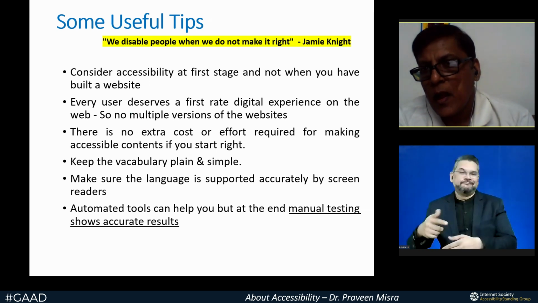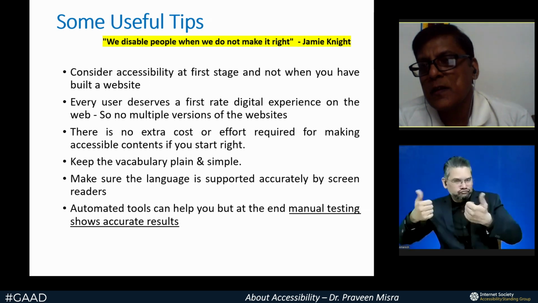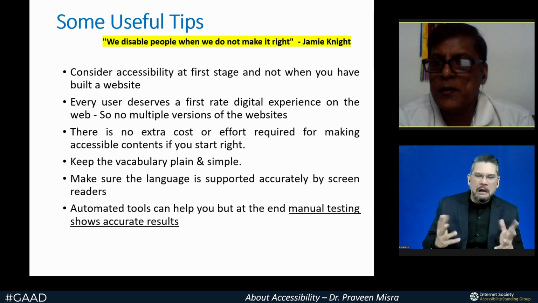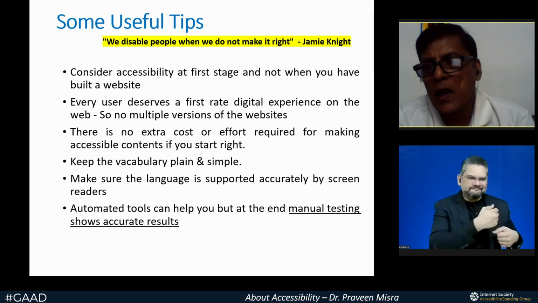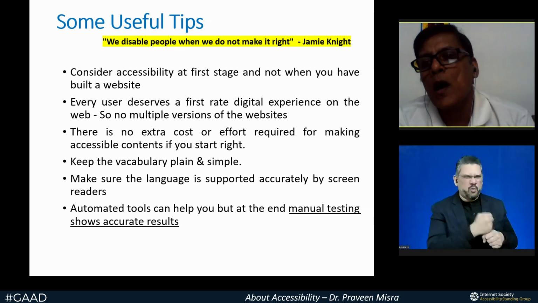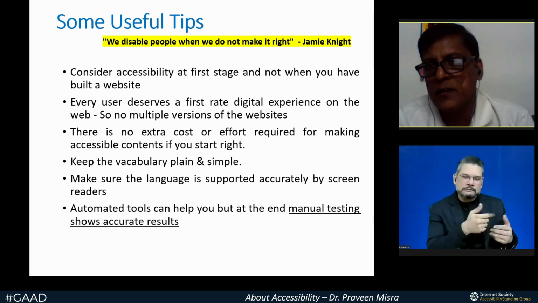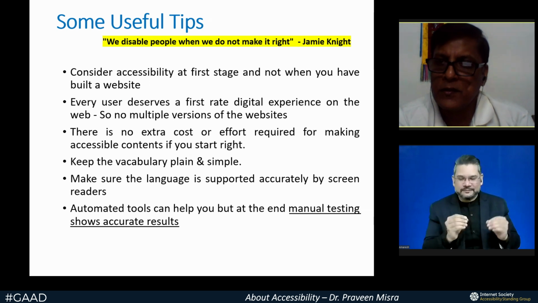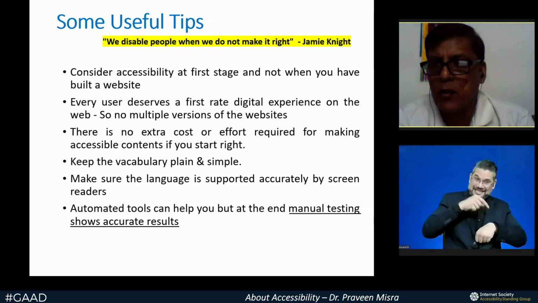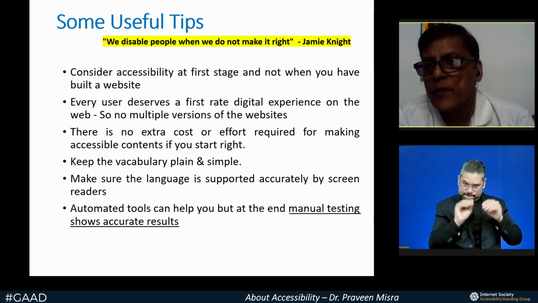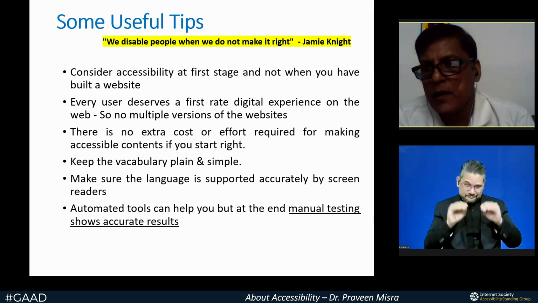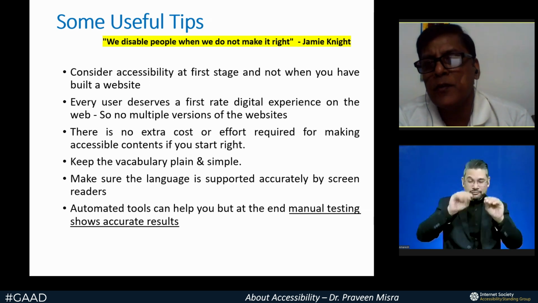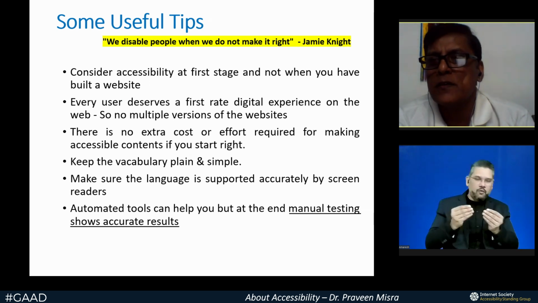And when they realize that the site or the contents are not accessible, they try to rework it. So that's more work, and the thing doesn't come out nicely. One should consider accessibility at the first stage while designing, whether it is the layout, the contents, or the code. It should be built in as the first step, that yes, I need to be making things accessible.